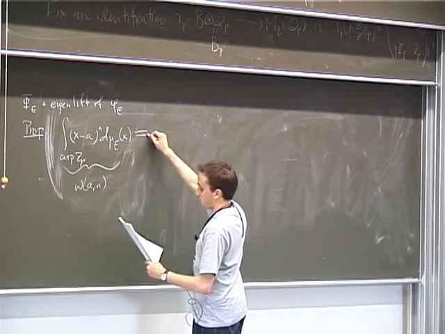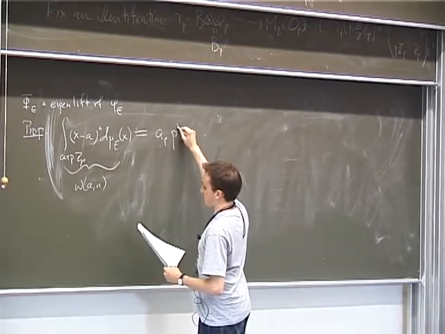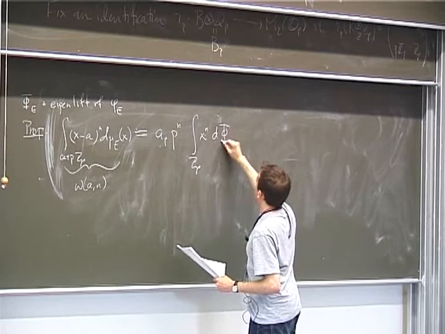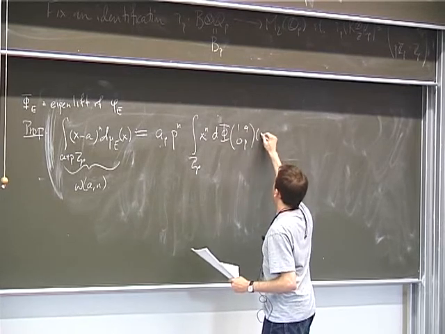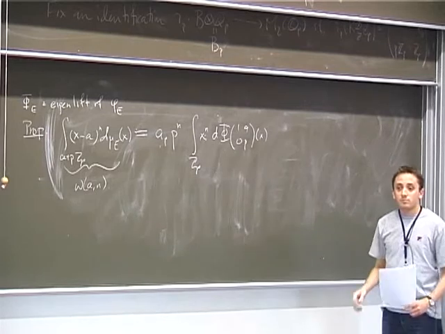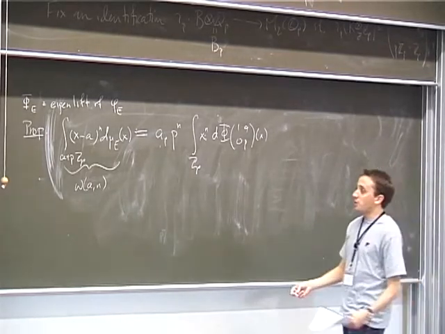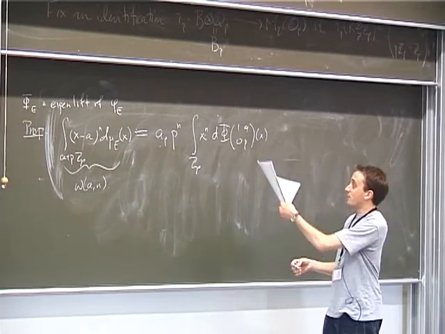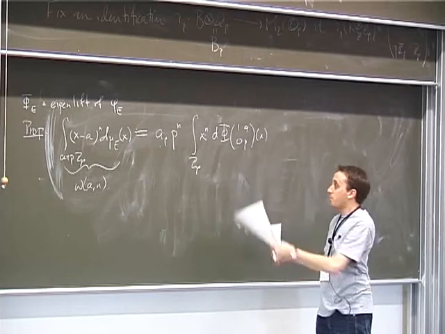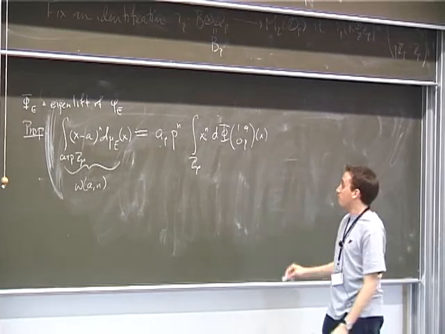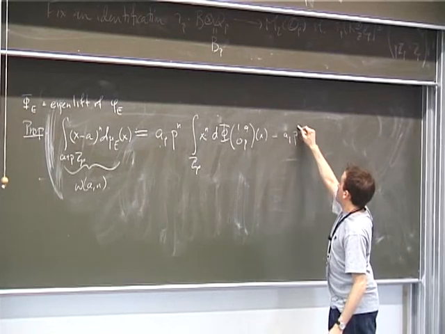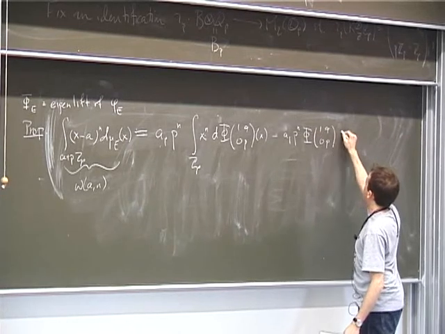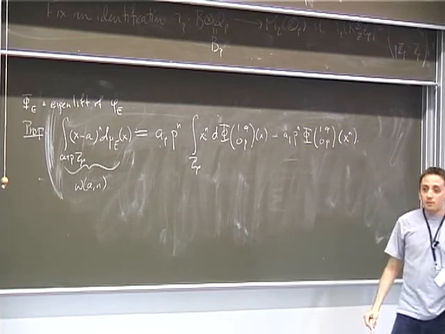This is equal to a_p times p to the n times the integral over Z_p of x to the n d Phi of (1, a; 0, p) of x. So what happens is all this information here is stored as moments of various values of this big distribution valued automorphic form Phi. You could also write this as a_p times p to the n times Phi of (1, a; 0, p). This is a measure, and you evaluate this on the function x to the n.